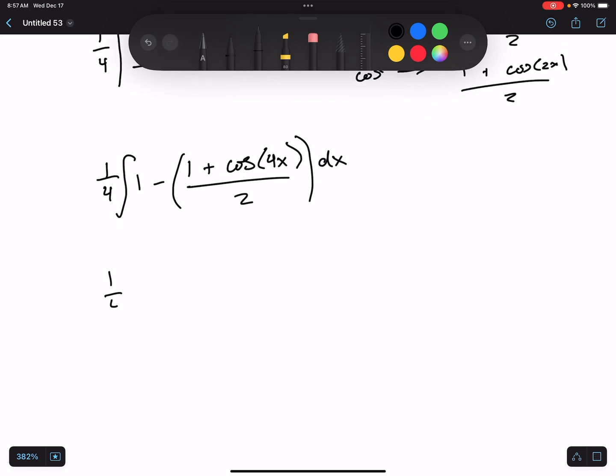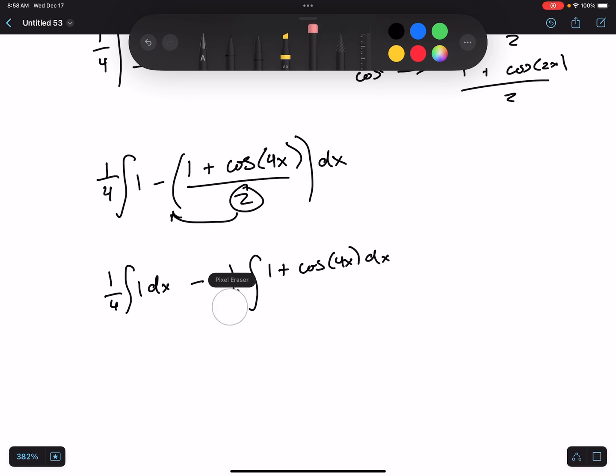We'll have 1/4 times the integral of 1 dx, and then we'll subtract 1/4 times the integral of 1 plus cosine 4x dx. And I'm going to take this 2, and kick it out front of that integral here, and so I'll change this 4 to an 8, because we'll be multiplying 1/4 by 1/2.